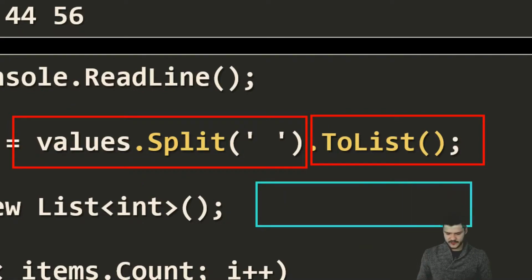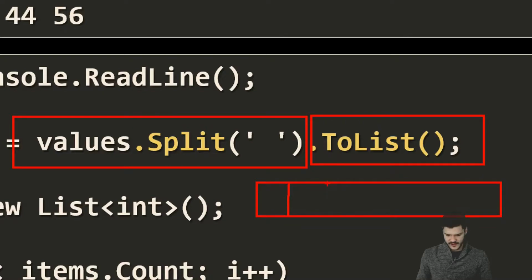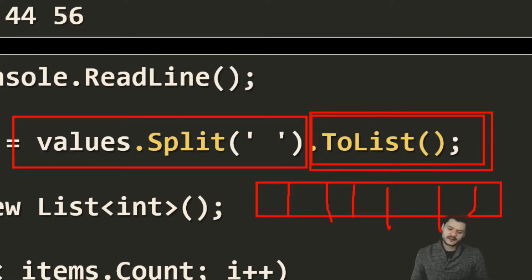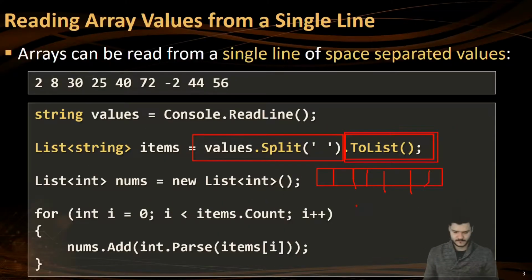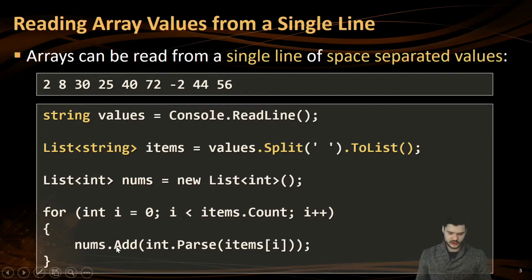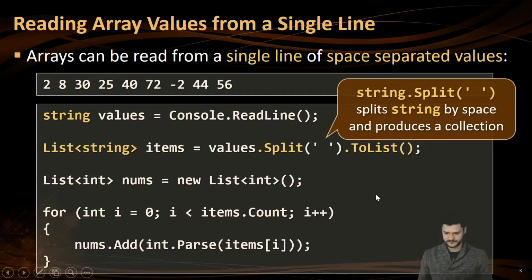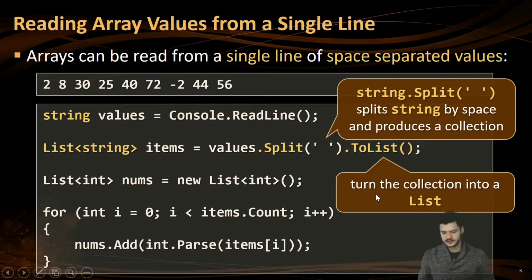It will split everything into a predefined array, in just a simple string array. And when we add the .ToList method, it will convert this array into a list. And then we can use .Add and so on.